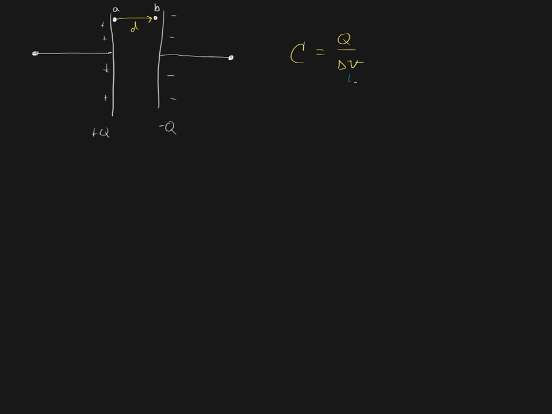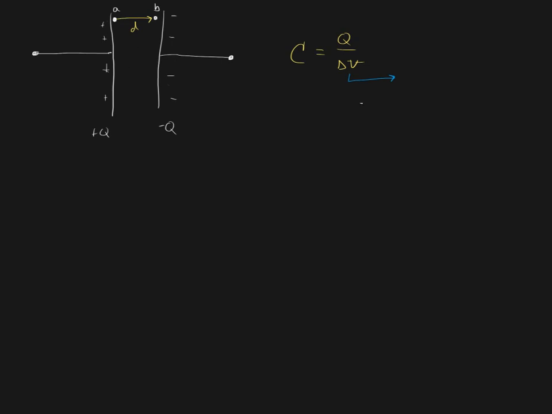In order to get delta V, we have to turn to either Gauss's law or Coulomb's law, and since we have basically an infinite plane, because we're so close to the surface, these plates would be very, very close together.